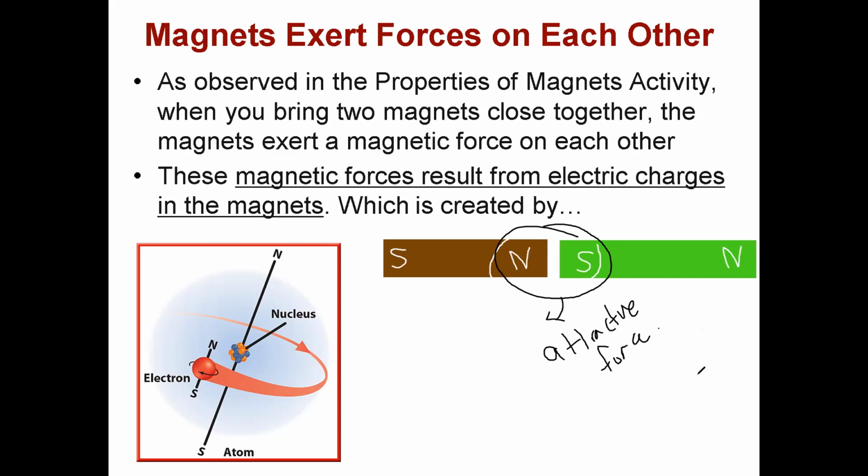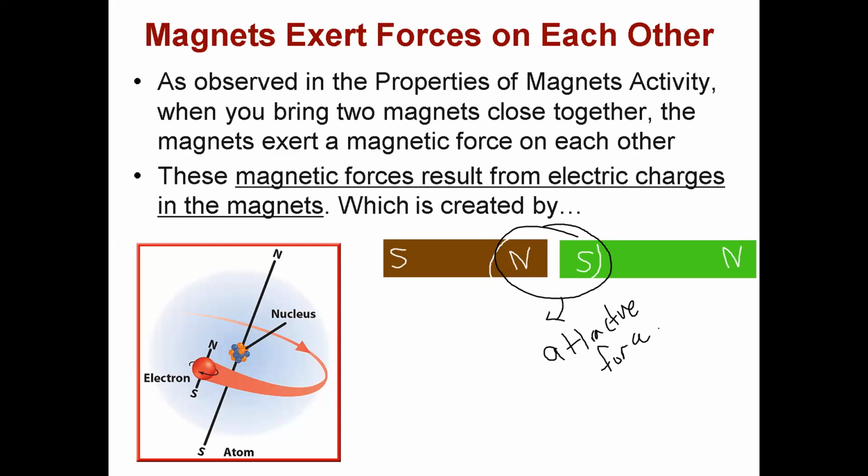From where do we have this force? The magnetic force results from the electric charge in the magnets. Inside each magnet we have an electric charge, and the electric charge will be at the end of the magnet. So if we have different poles, they attract.